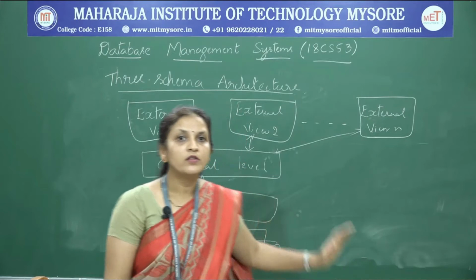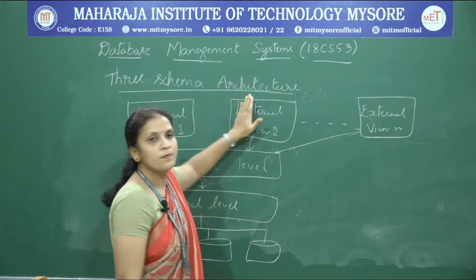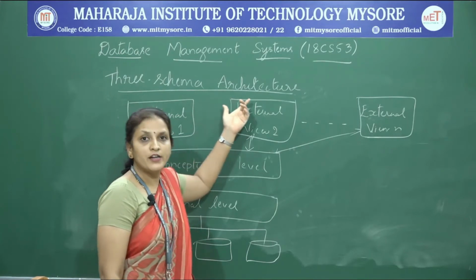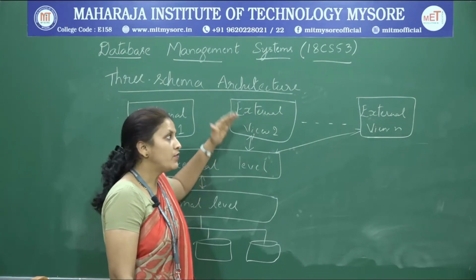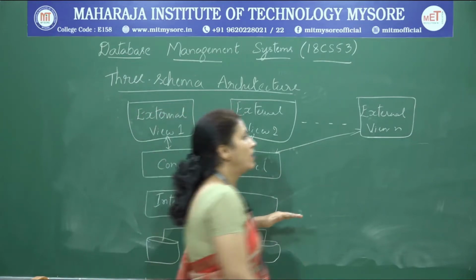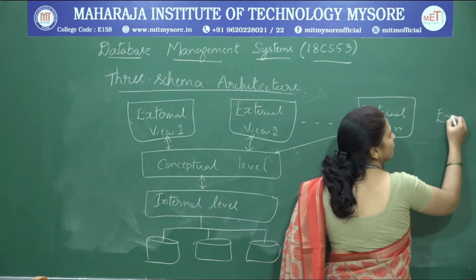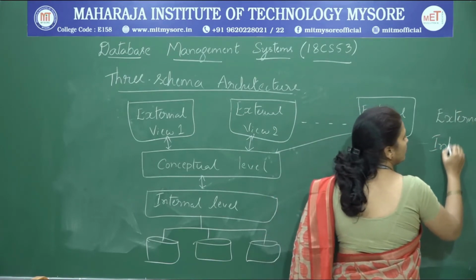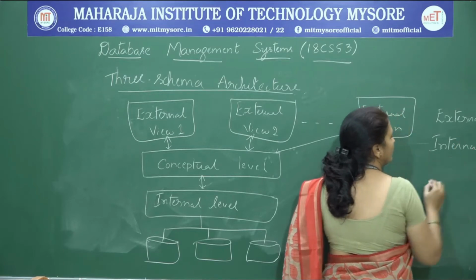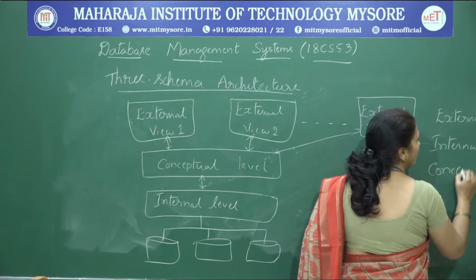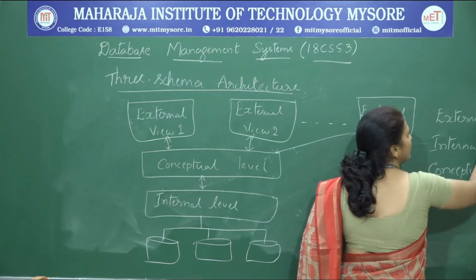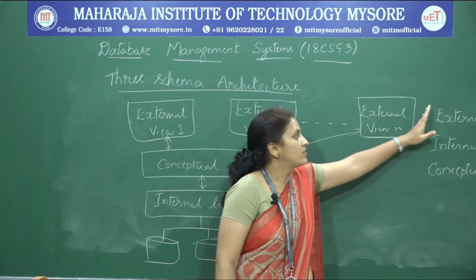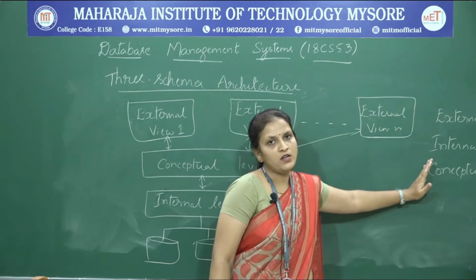Now, we will discuss the three schema architecture of a database. As the name itself suggests, the schema or the architecture of the database is divided into three schemas. One is the external level, then the internal level, then the conceptual level. So, the database is described at three different levels: external level, internal level, conceptual level.